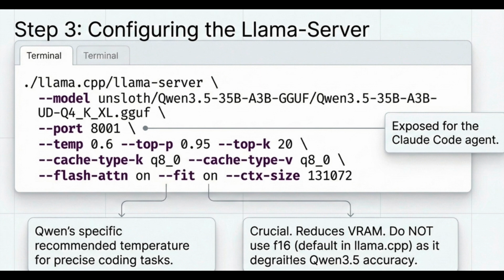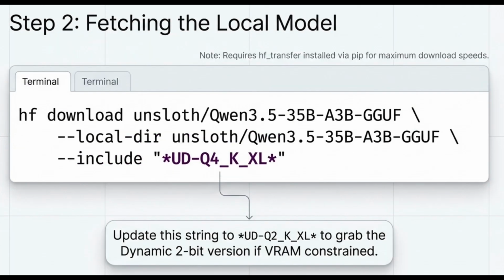Wait, really? Just like a simple redirect? Yeah, and you also throw in a dummy API key just to satisfy the software's requirements. And Claude Code just assumes it's talking to the cloud, like it routes all its agentic tools through that single endpoint. It does. It talks to your local Qwen or GLM model exactly as if it were communicating with Anthropic's actual cloud servers.